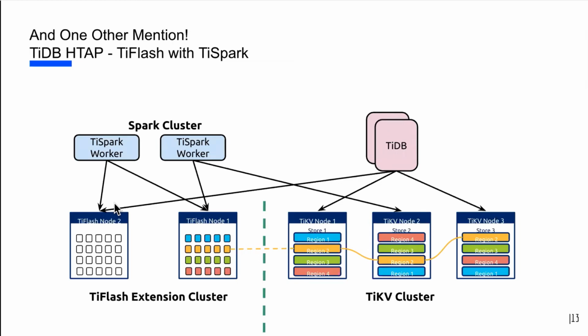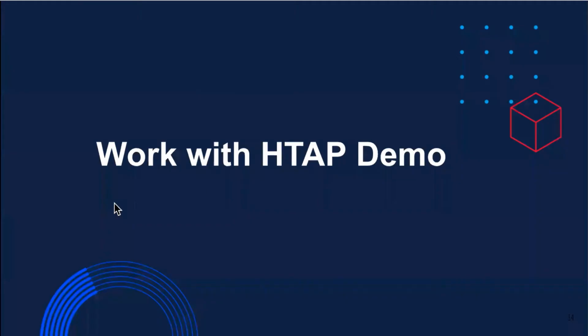I have my TiSpark, which is an API just to plug in, where I can run these Spark jobs to go after the TiFlash nodes. And I can also write that data to TiKV nodes, which is the row store, as you see in the cluster on the right, and then the data just gets replicated. So I've got a number of ways I can do that, and we're going to show some of that today.